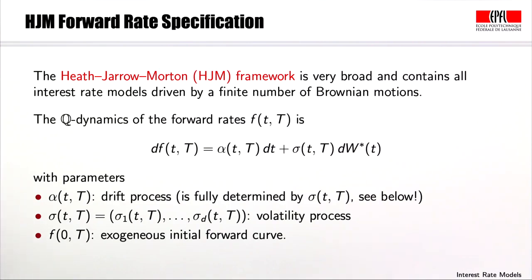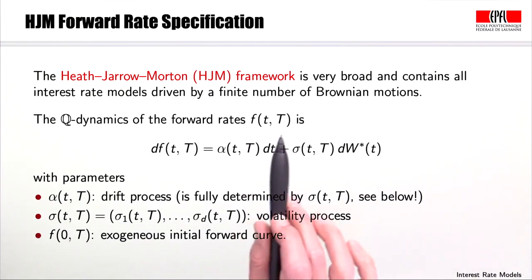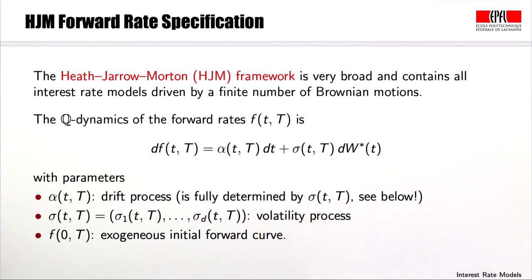Formally, this means for every maturity capital T, we let the forward rate process, as a process in small t, follow an Ito process with drift alpha and volatility sigma, which are both indexed by the maturity capital T, but otherwise are processes in small t as we are used to in the case of generic Ito processes.